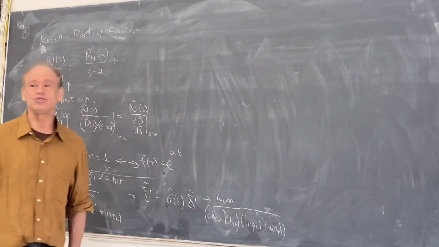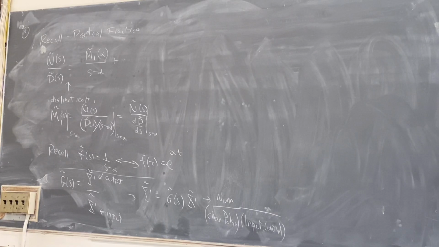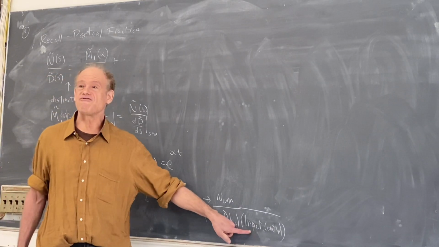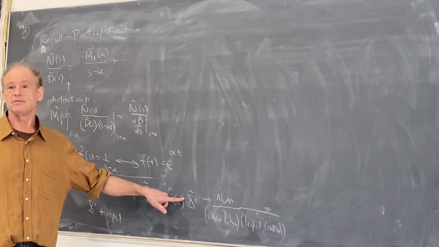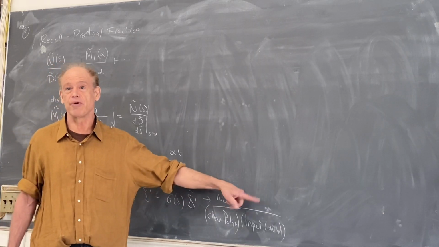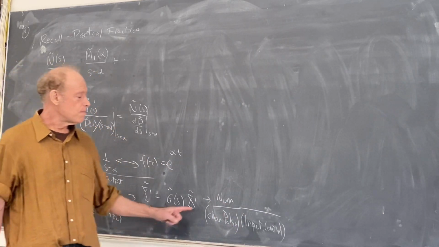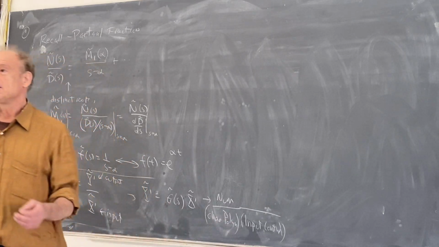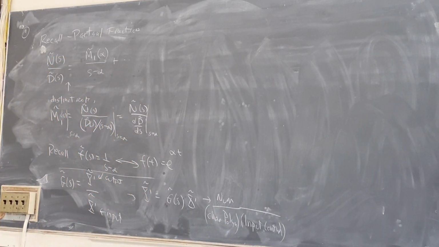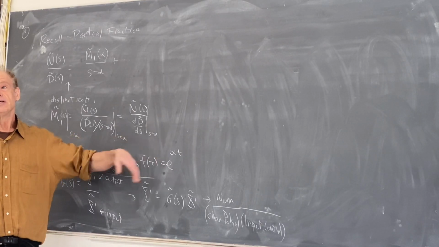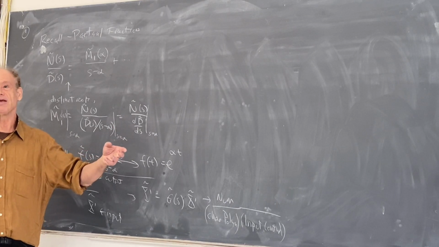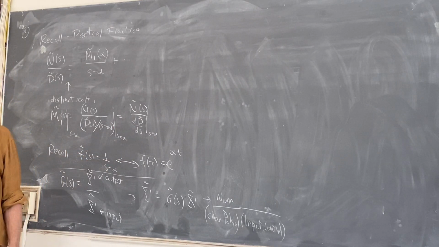And the input contribution, if it's a step function, gives me a factor of s in the denominator. If it's a pulse, it gives me just a constant in the numerator, no contribution to the denominator. Remember, if it gives me a 1 over s, it just gives me a 0 root. And the 0 roots don't do anything interesting, because when I have 1 over s, I just get a constant here. So that's not really affecting the dynamics very much.